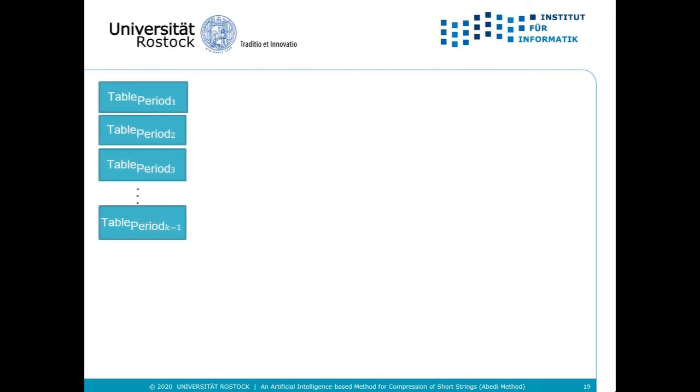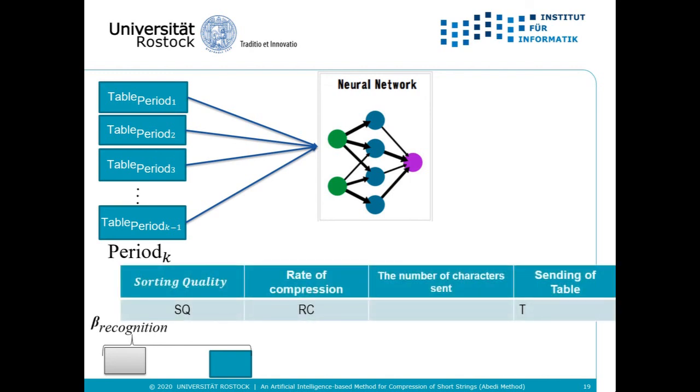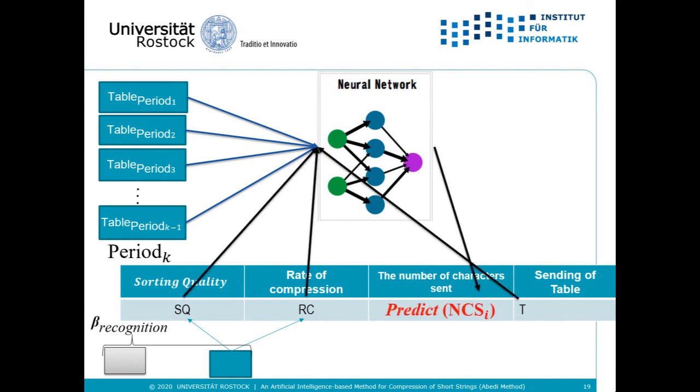The described process is done for all the periods, and finally in period K, after sending beta recognition characters, the algorithm sets the information as the inputs of the neural network. It sets the comparison rate and sorting quality as the inputs of the neural network, and the neural network predicts the number of sent characters.